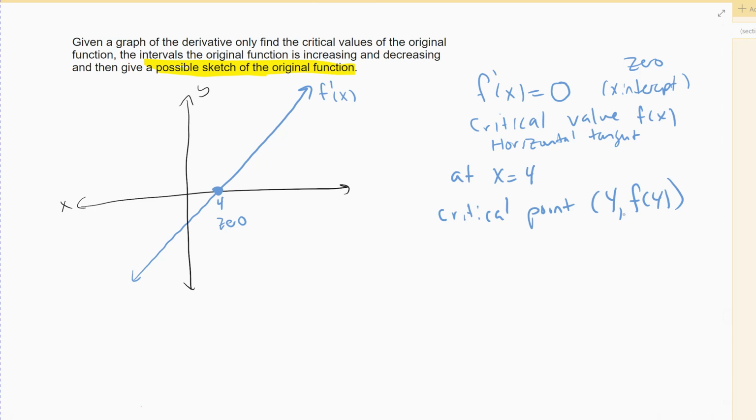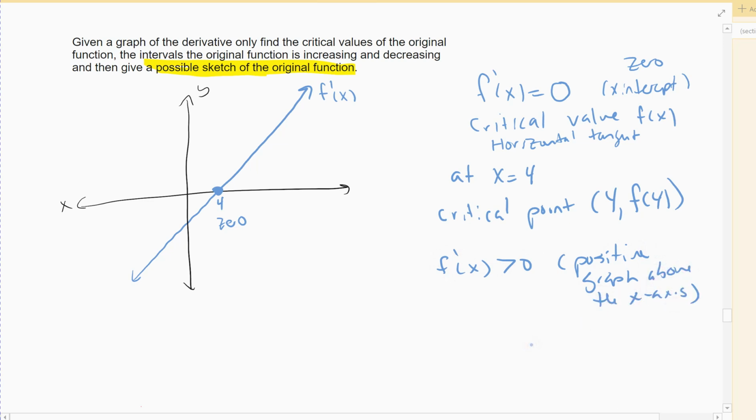Then, I know when my derivative is positive, greater than 0, when its graph is above the x-axis. The graph is above the x-axis on this piece, from 4 to infinity, 4 going off forever. Over the interval 4 to infinity, the derivative is positive.